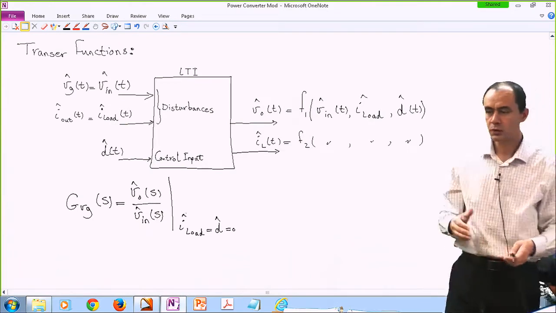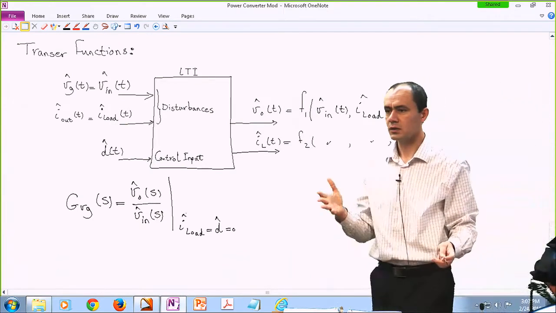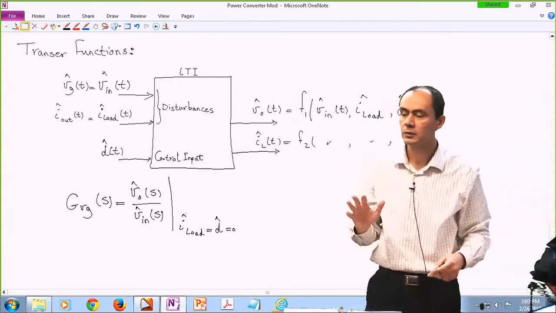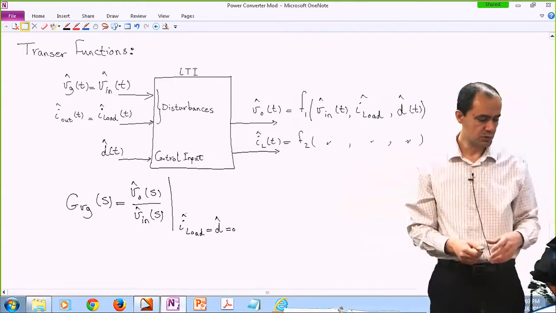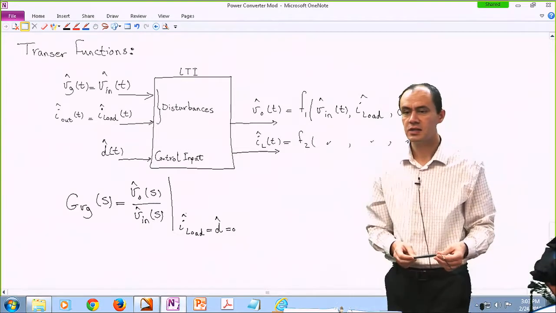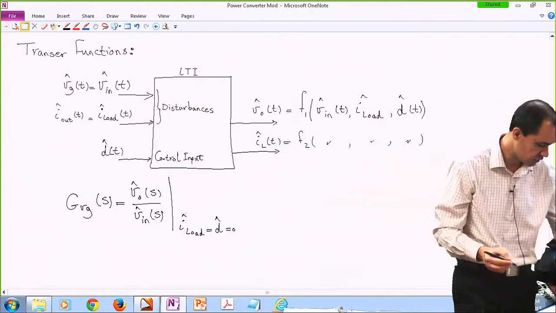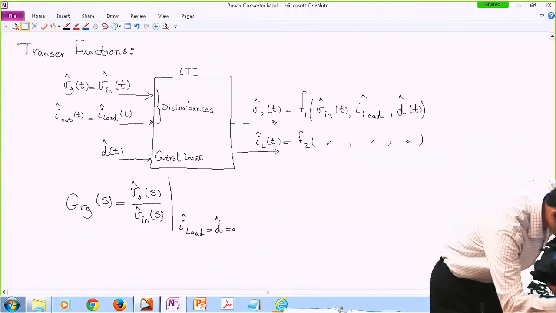So I won't perturb the duty cycle. In other words, I keep it constant. And I won't perturb the load current, or keep the load constant, only perturb the input voltage and then see how much of a perturbation appears in the output voltage, okay? So I call it G_vg. This is called line to output transfer function.